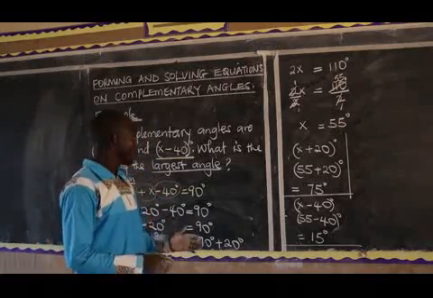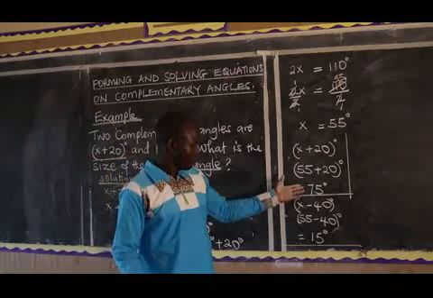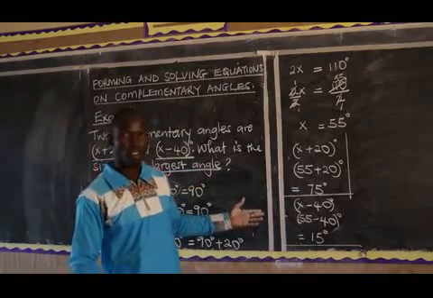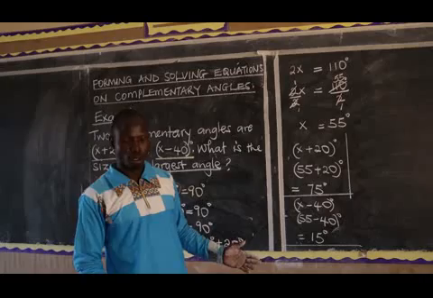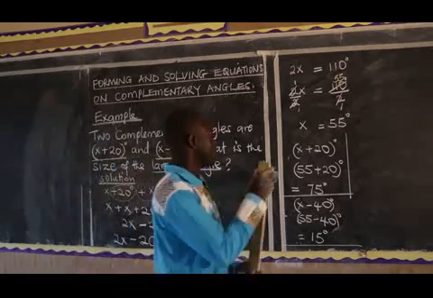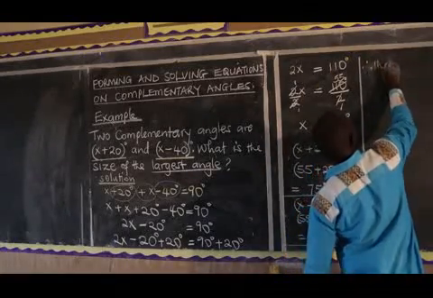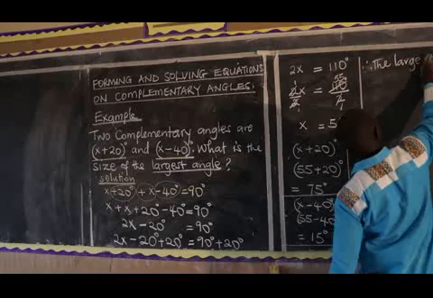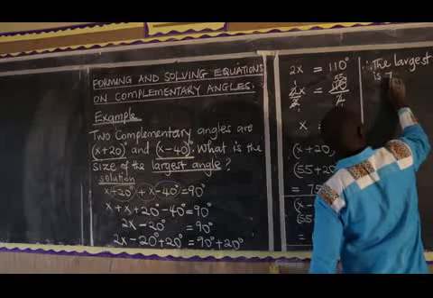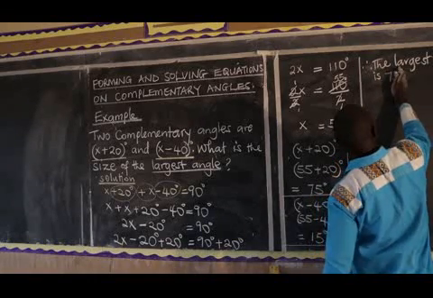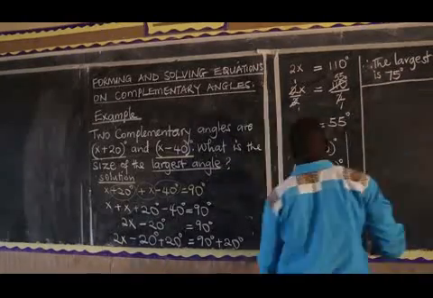Now, according to the question, they are asking which one is the largest angle. So looking at 75 degrees that you obtained as the value of one of the angles and 15 degrees as the value of the other angle, we can therefore conclude by saying the largest angle is 75 degrees.